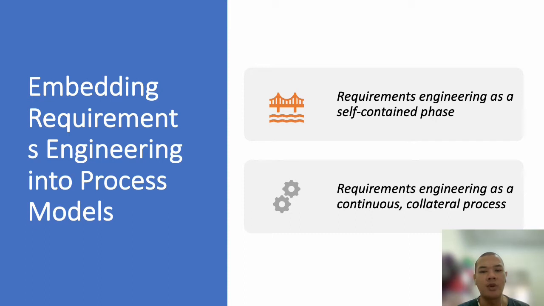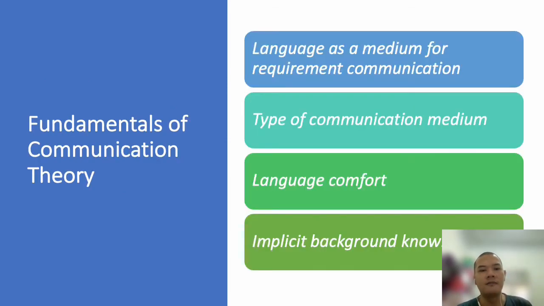But for the lightweight process model, for example, extreme programming or agile, we just elicit the necessary requirements as of the supposed implementation of the first phase. This is a big difference. Okay, next we will talk about the fundamentals of communication theory if you want to be a requirement engineer.